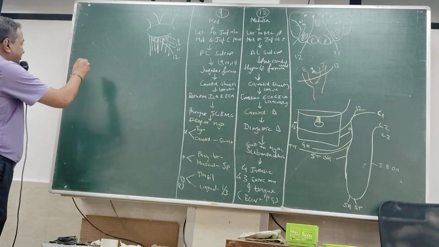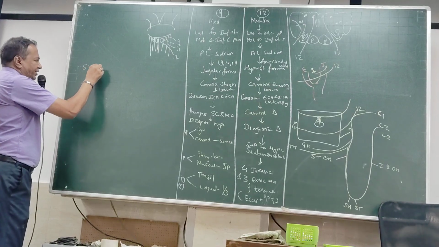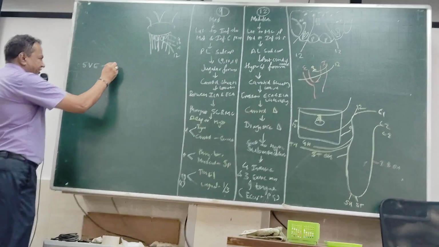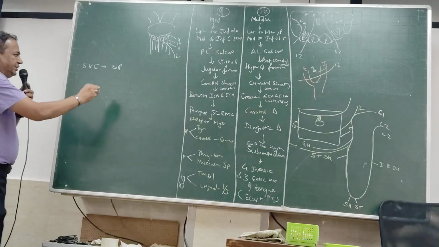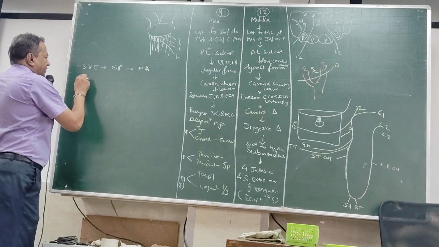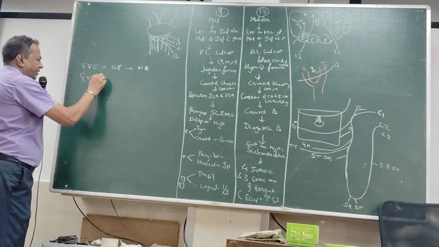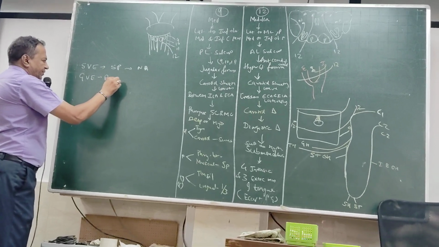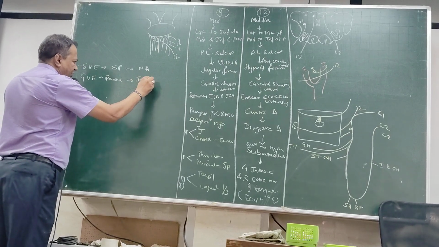Components of the glossopharyngeal nerve were special visceral efferent. This is for the stylopharyngeus muscle. These come from the nucleus ambiguus. General visceral efferent is for parotid. This comes from inferior salivatory nucleus.